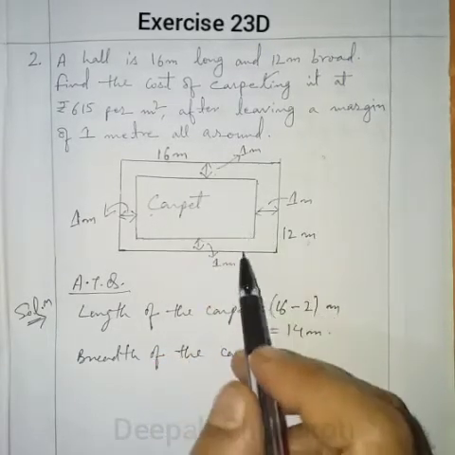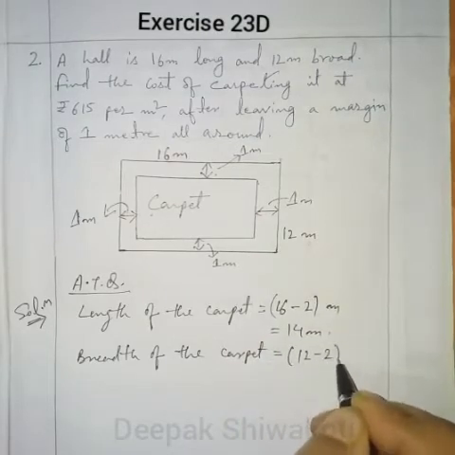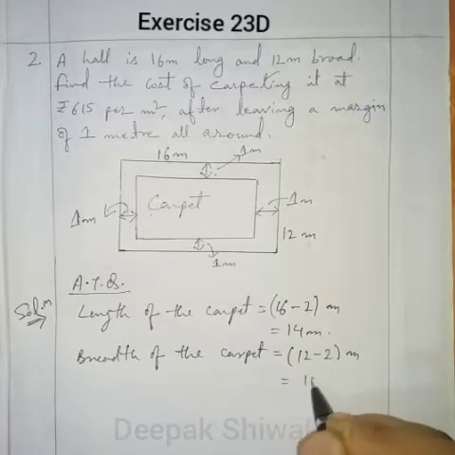From both the ends it is decreasing, so 12 minus 2 meter, that is 10 meter.